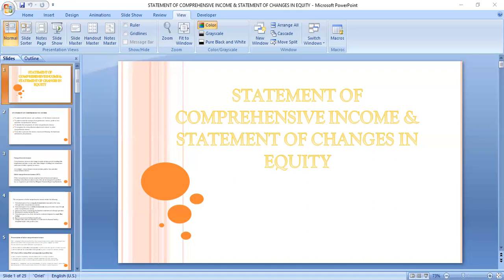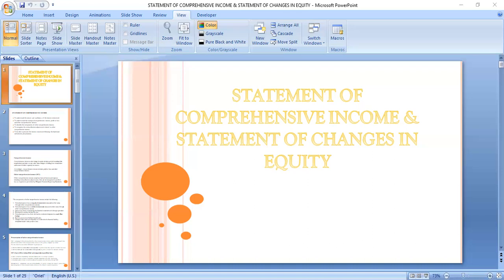For each component of equity, a reconciliation between the carrying amount at the beginning and end of the period separately disclosing changes from profit and loss, each item of other comprehensive income, and transactions with owners in their capacity as owners, showing separately contributions by and distribution to owners.